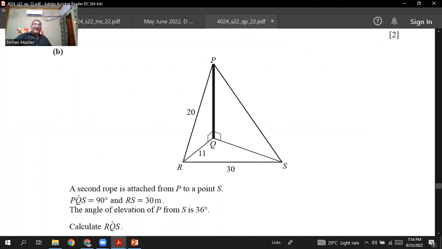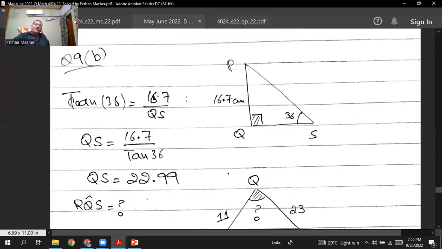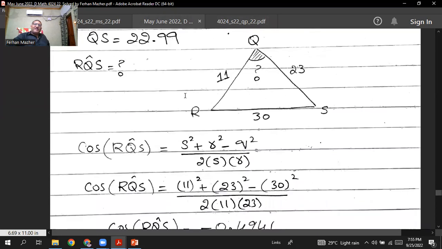So these three sides are given, and I want to find out this angle at the Q, the angle RQS. So you can apply the law of cosine because the three sides of that triangle are known to us. So I can apply the law of cosine and very easily I can find out that.